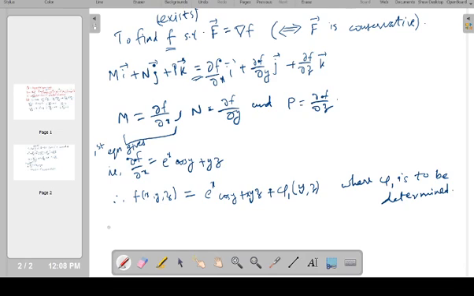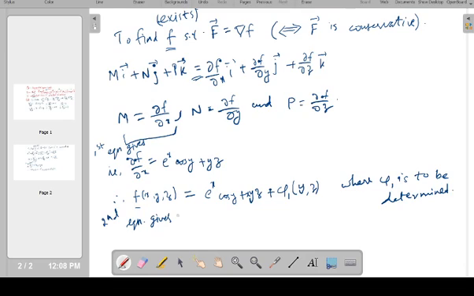Now you use the second equation. The second equation gives what? So this is your f, and dou f by dou y equals n. So you differentiate this f with respect to y and equate with n.